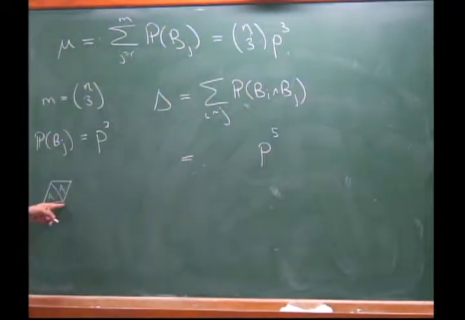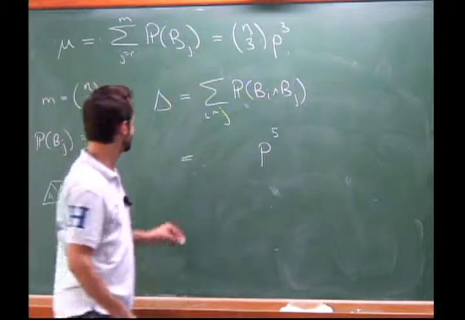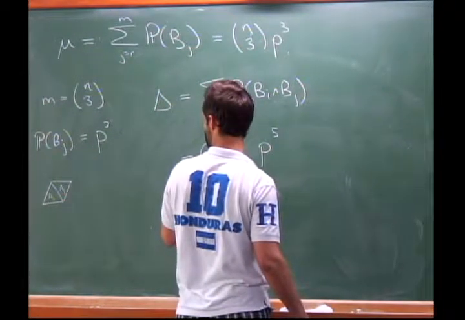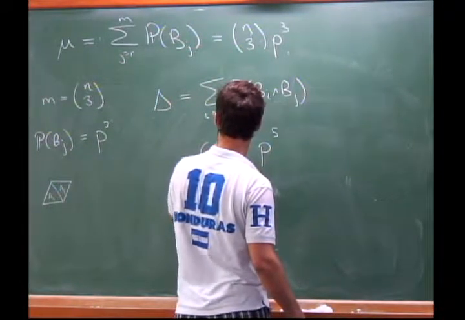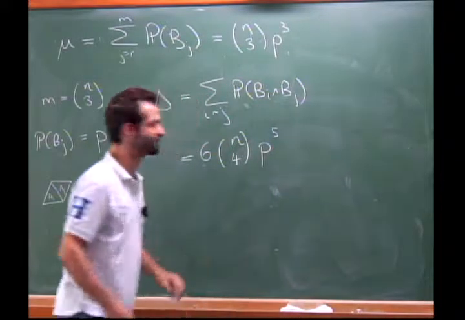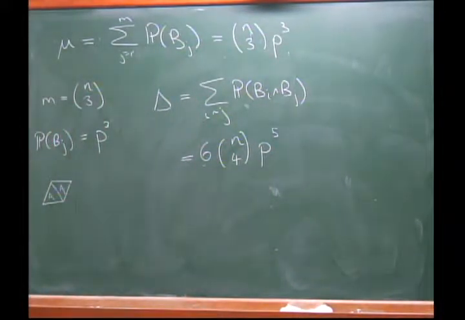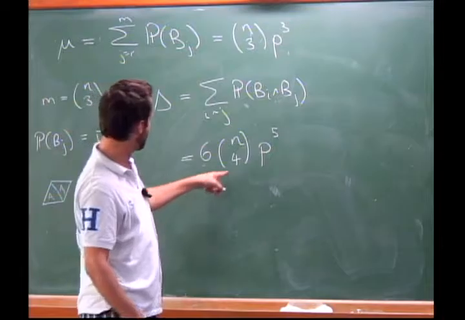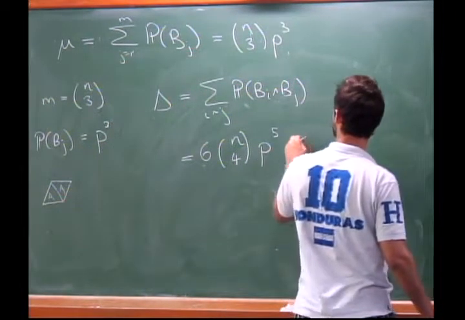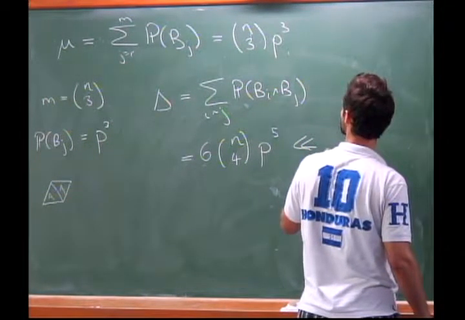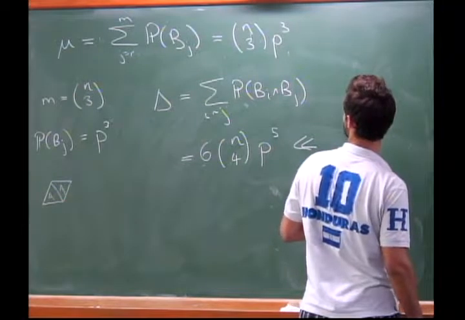And how many different possibilities do we have? Well, we choose 4 vertices, and then actually we get to choose this non-edge as well. Right? So that's 6 times n choose 4. And I'm going to observe that this is much, much smaller than mu.